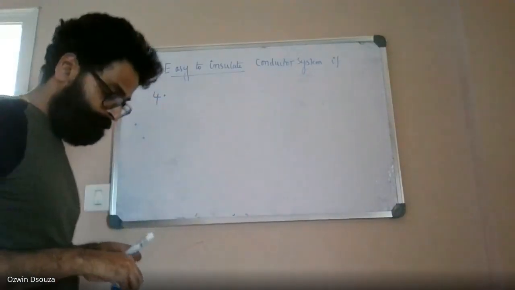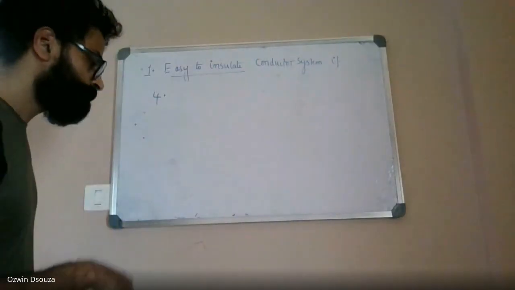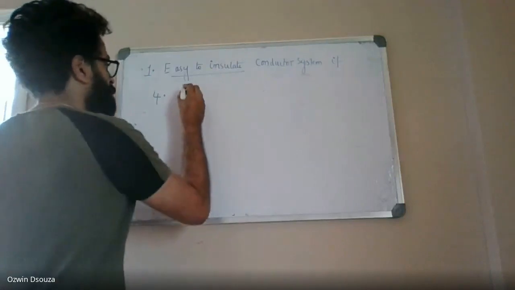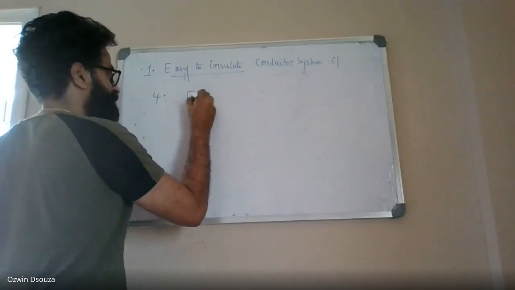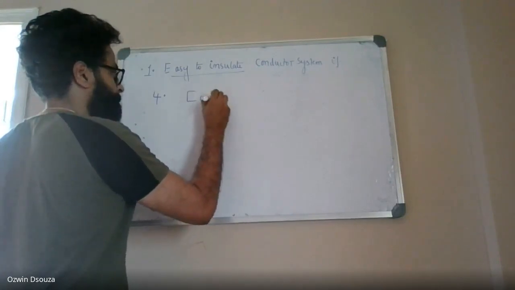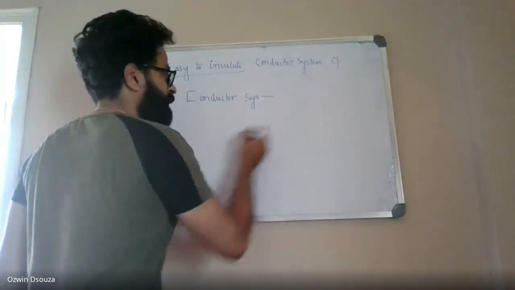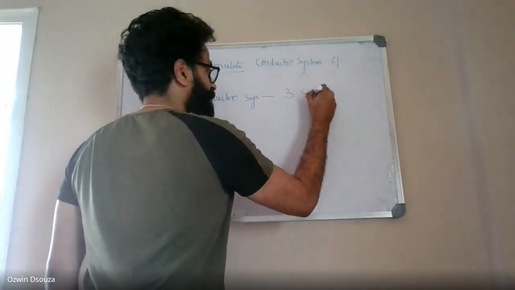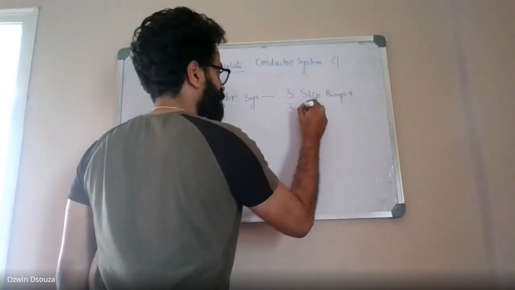Fourth advantage. For the conductor system, you need 3 slip rings and 3 brushes.